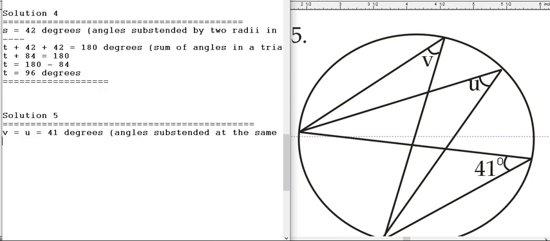So therefore you can say that your V is equal to 41 degrees, and the U is also equal to 41 degrees.